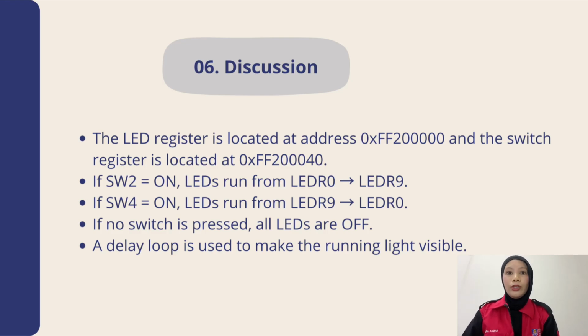When switch 2 or switch 4 is pressed, the program writes 0 to the LED register, causing all LEDs to turn off. The delay subroutine is included to slow down the LED movement, so the running light can be clearly observed by the user.